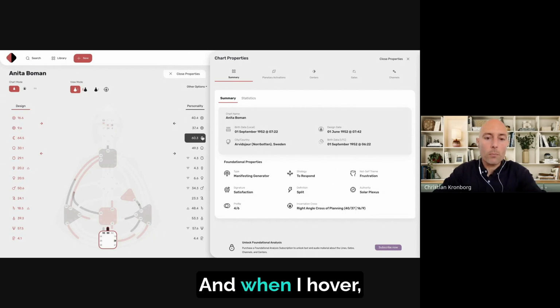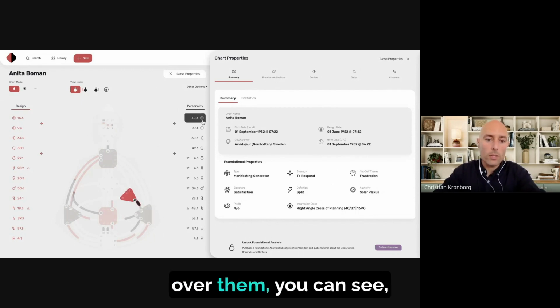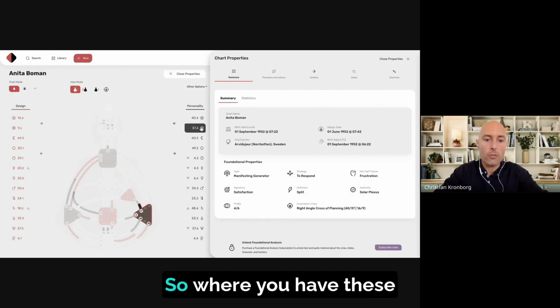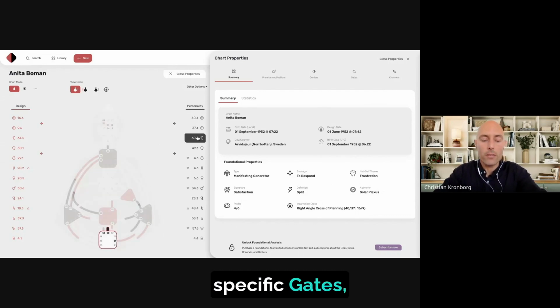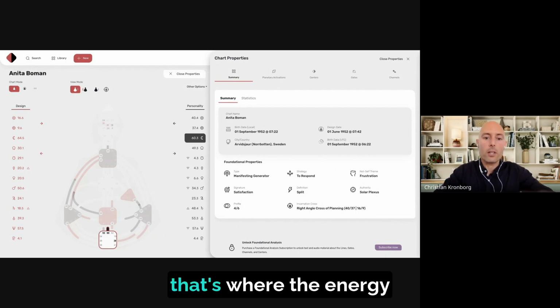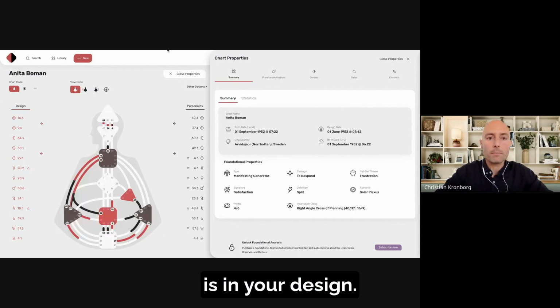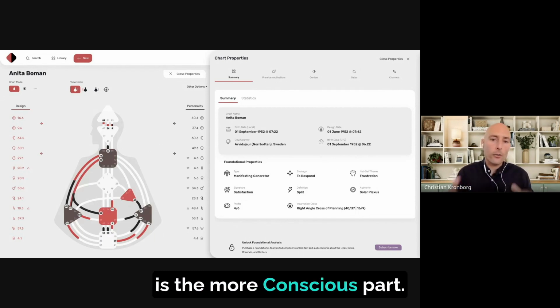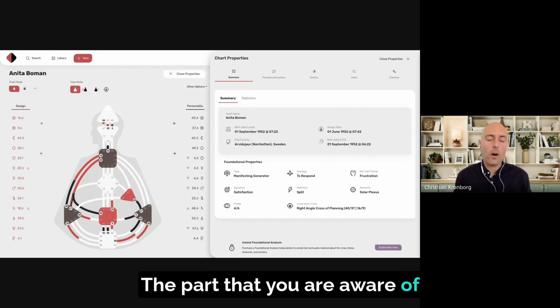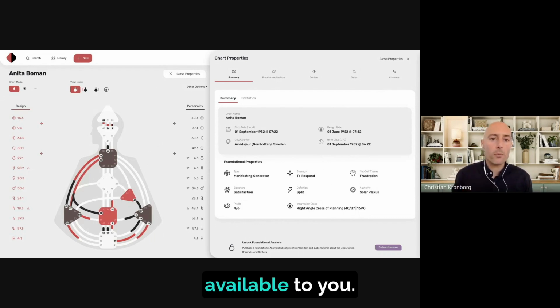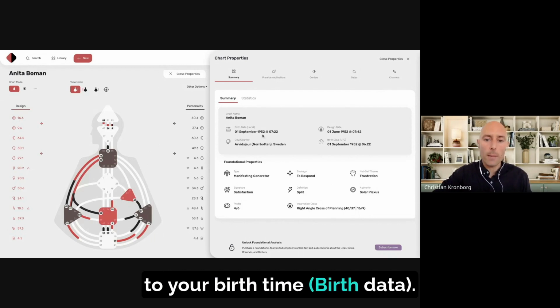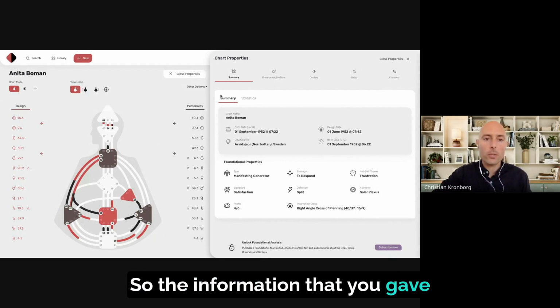And when I hover over them, you can see what they relate to in the specific design. So where you have these specific gates, that's where the energy is in your design. The personality side is the more conscious part, the part that you are aware of. It's consciously available to you, and it relates specifically to your birth time. So the information that you gave me here.